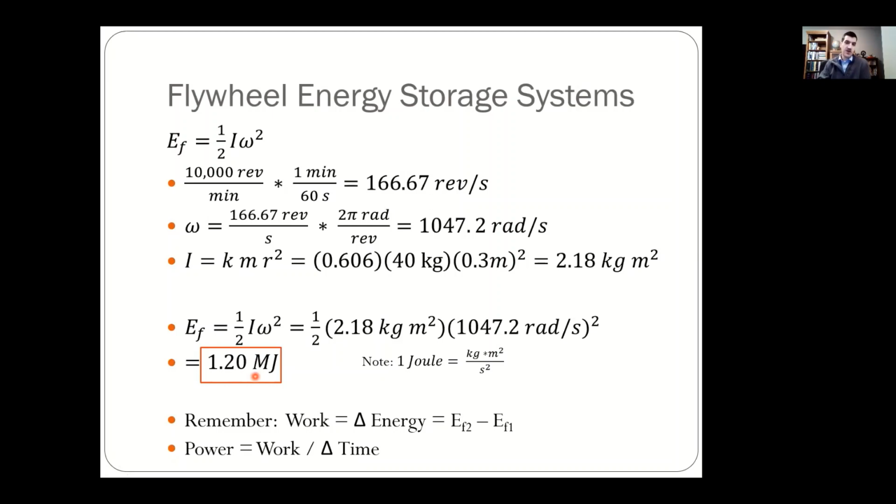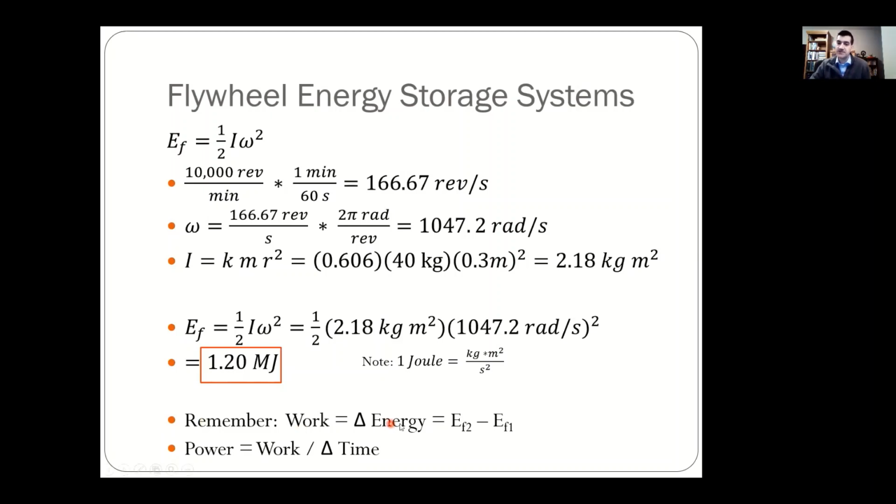All right, so that's our calculation for flywheel energy storage. A few things to remember for all of the problems that we'll talk about today. Remember that work is the change in energy. That's the amount of energy that was added to or taken away from the system.